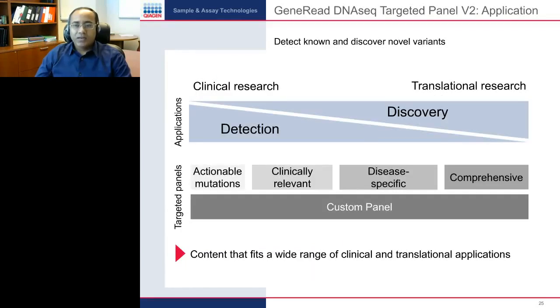Now, if we take a step back and look into the whole portfolio of our GeneRead DNAseq targeted panels, we have panels for actionable mutations, clinically relevant ones, as well as disease-specific panels such as for breast cancer, lung, colon, and prostate, and so on and so forth, and comprehensive as well as custom panels. All these panels fit a wide range of applications.